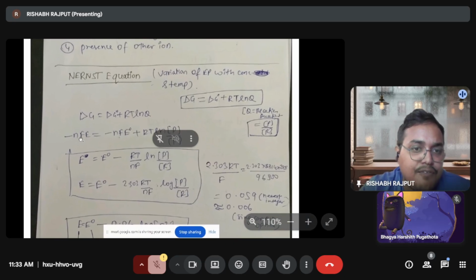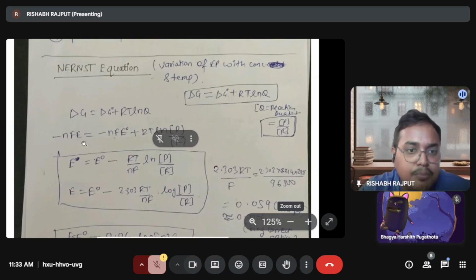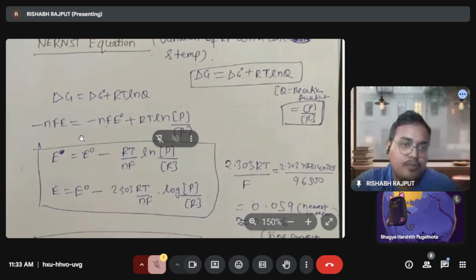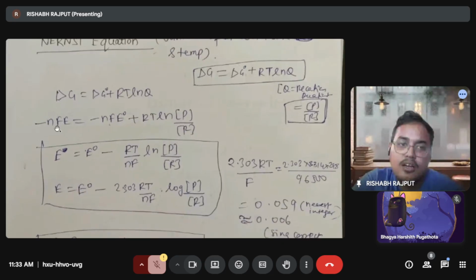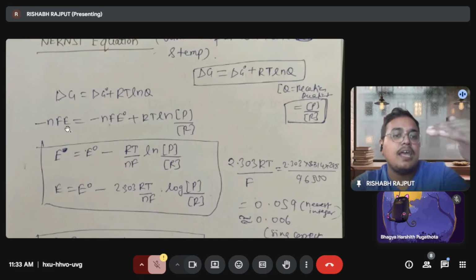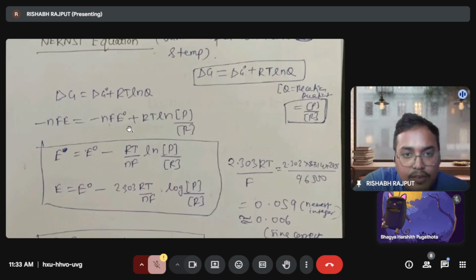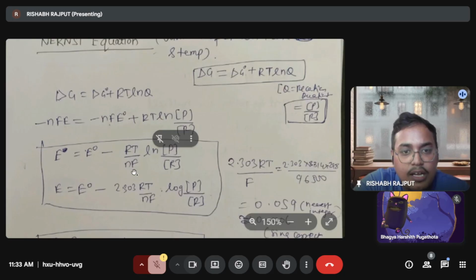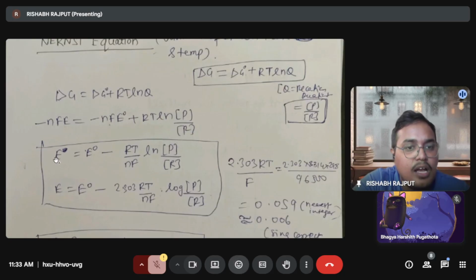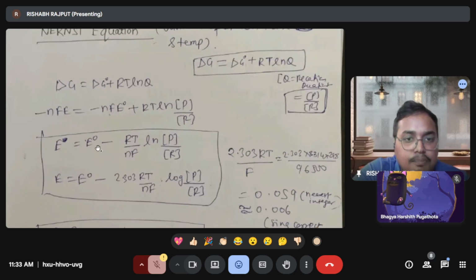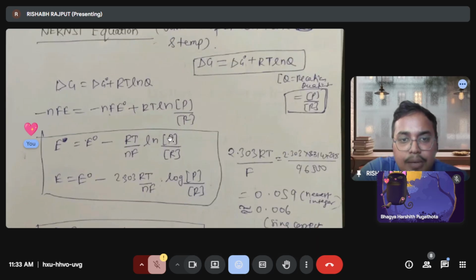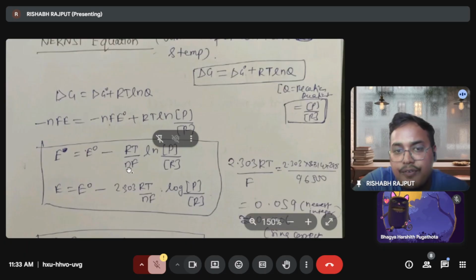If I divide both the right side and left side by minus nF, the nF will cut out and it will become E. Minus nFE divided by minus nFE. Here a minus will come, and downside nF will come. So your formula will be E is equal to E naught minus RT upon nF ln P by R.